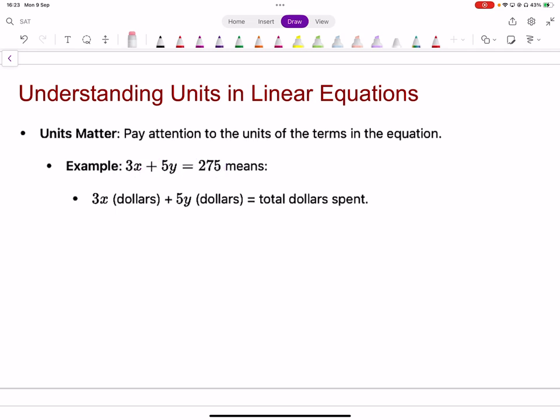Now, if 275 is the total amount, if that's measured in dollars, every single term in this equation is supposed to have the same unit because you can't add or subtract different units. So if 275 is in dollars, that means 3x is also in dollars and 5y, this whole thing is also in dollars. Is that okay?